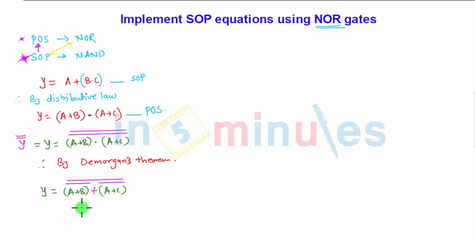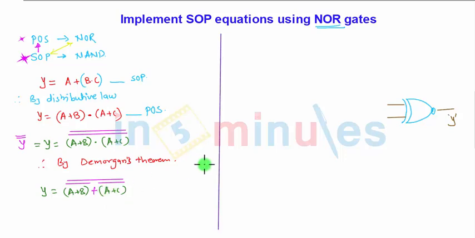So to implement these equations, let us implement them one by one. For the first NOR gate, two inputs are there, and this is the final output y. It is this term plus this term, with a NOR operation between these two. One input should be (a plus b) complement, and the other should be (a plus c) complement.